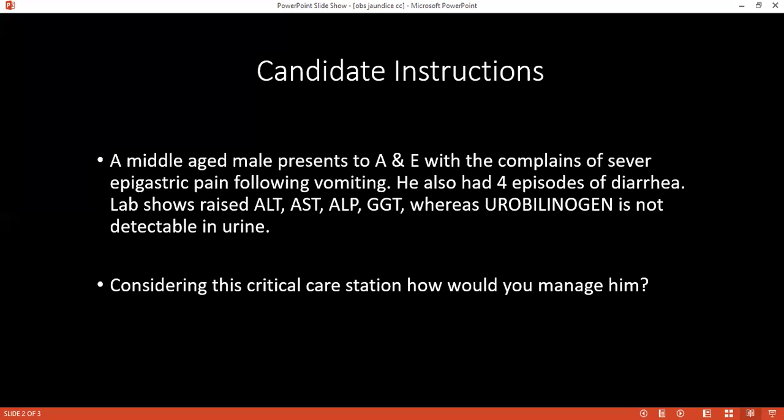Then in the hepatocyte, the unconjugated bilirubin will be conjugated with glucuronic acid by the enzyme glucuronyl transferase to conjugated bilirubin. It is now water soluble, direct bilirubin.